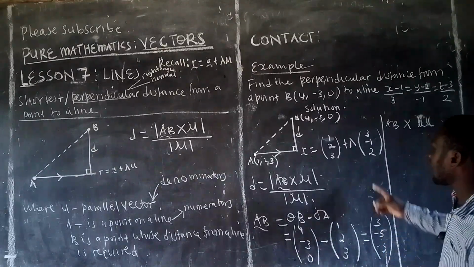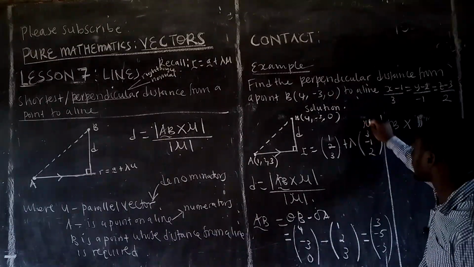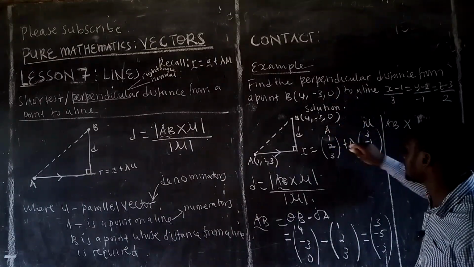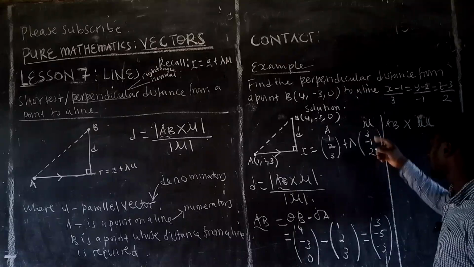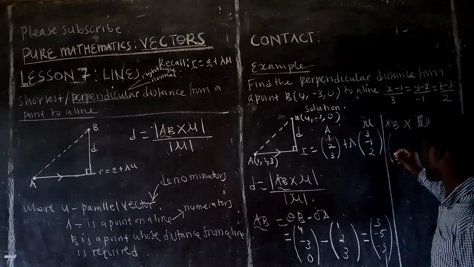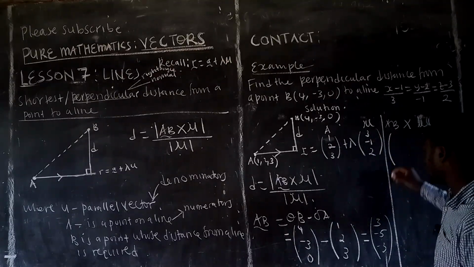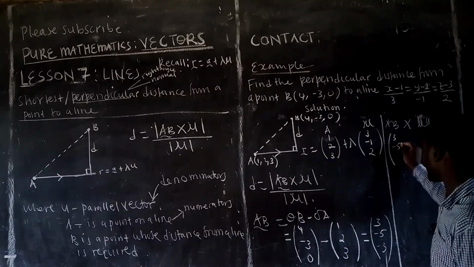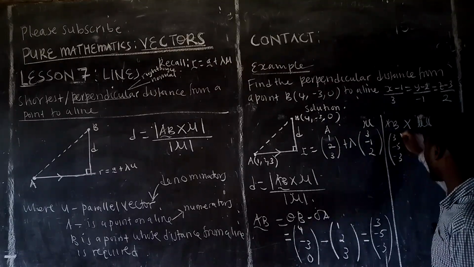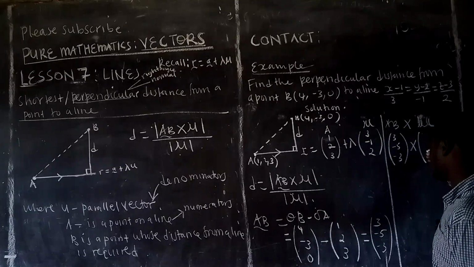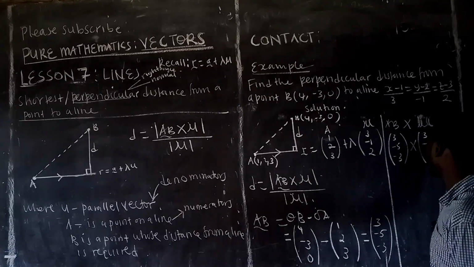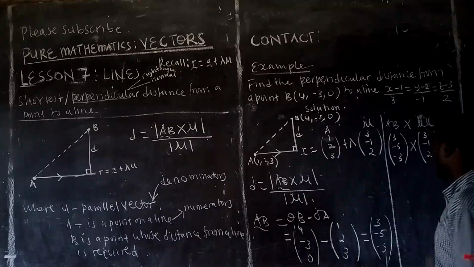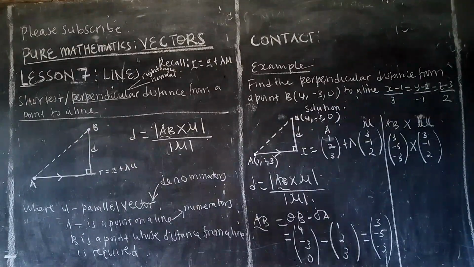By the way, here, I told you that this one becomes your mu, and this one becomes your point A. So this is your mu here. Now, I'll bring and say this one is 3, negative 5, and negative 3. We are crossing it with 3, negative 1, 2. We are crossing them, AB cross mu.